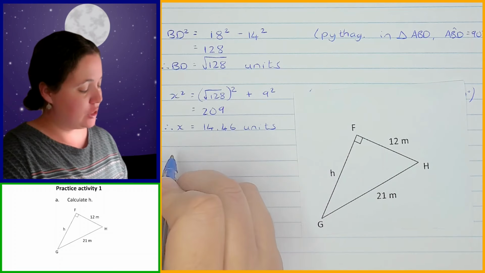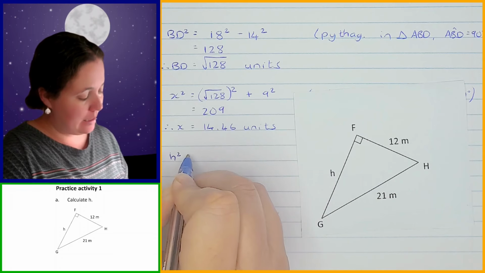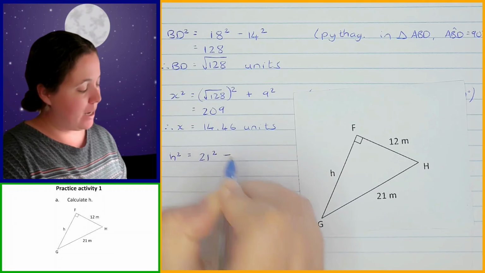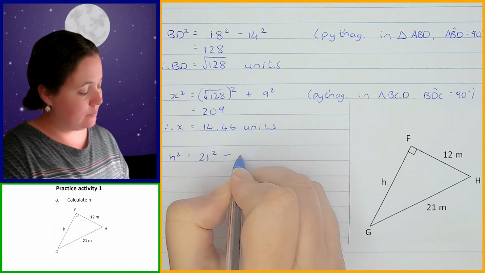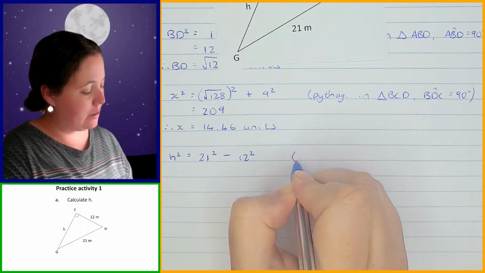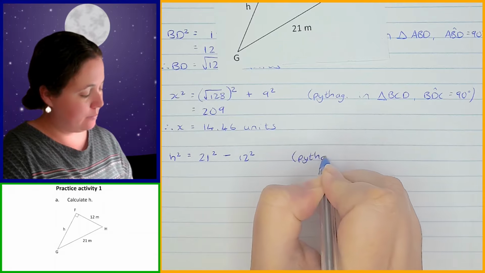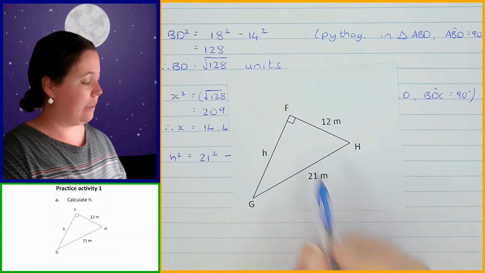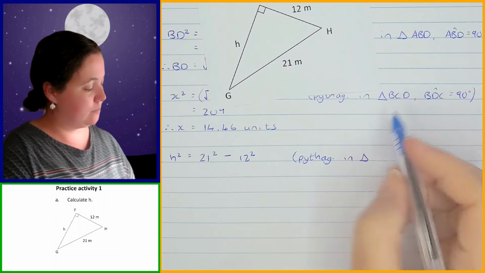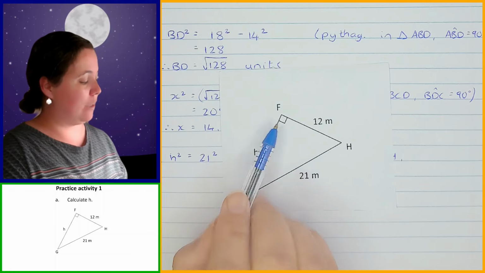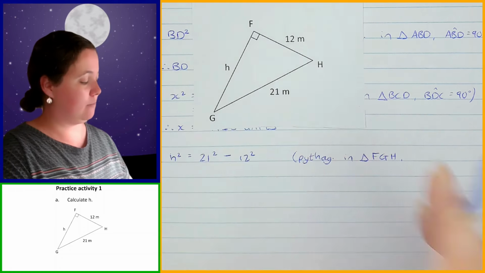So it's going to be h squared equals 21 squared minus 12 squared. And the reason I can say that is because of the Pythagorean theorem in triangle FGH with angle F equal to 90 degrees.